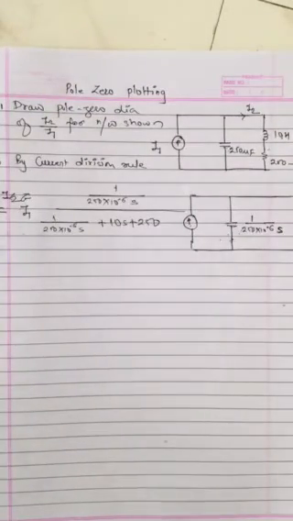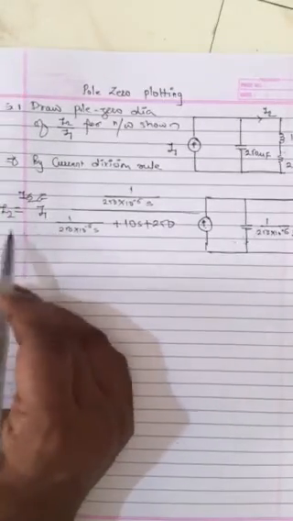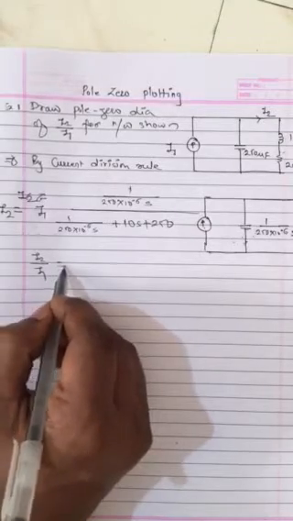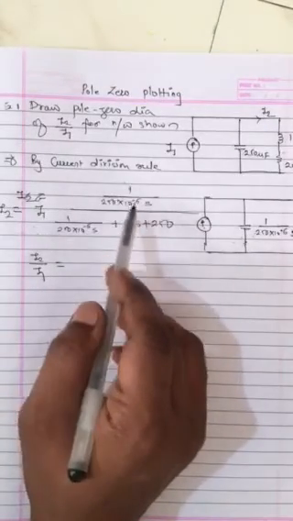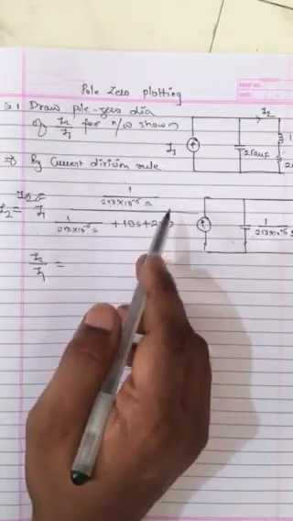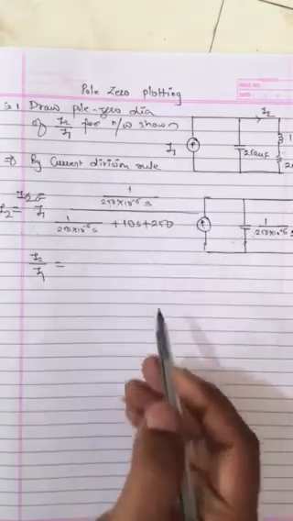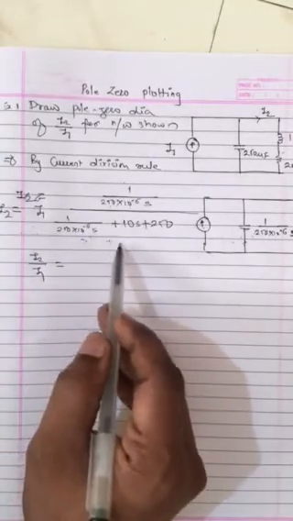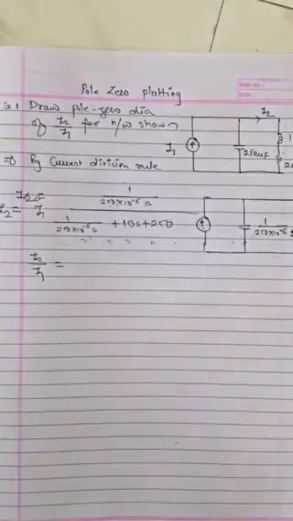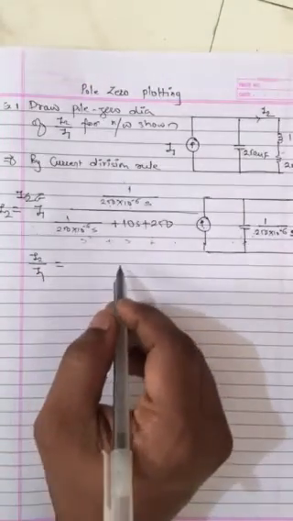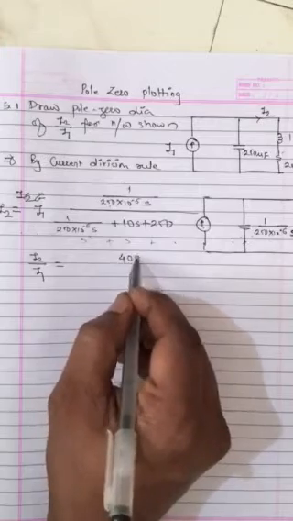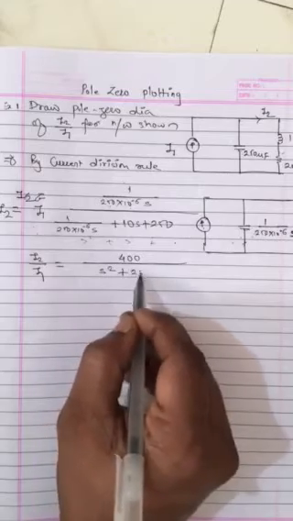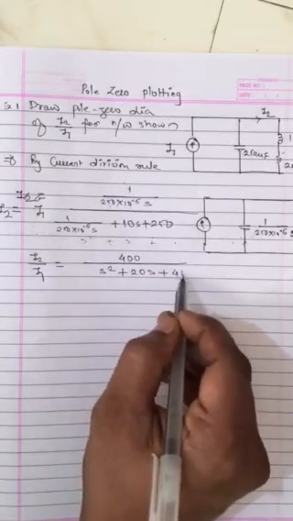Now let's rearrange it for I2 by I1. I will take I1 to this side, so I2 by I1 equals, if you solve it, 10 raised to 6 by 250 S in the numerator. You have to rearrange it so that the denominator is in the form S square plus something S plus constant. If you rearrange it, you will get the answer as 400 divided by S square plus 20S plus 400.